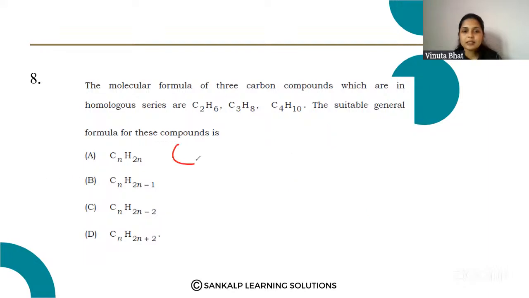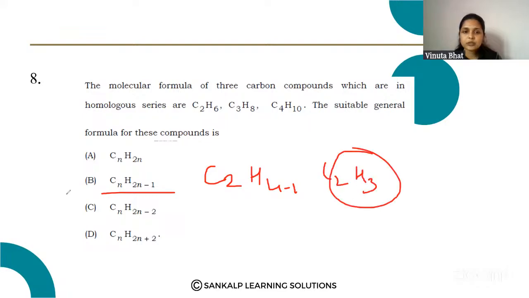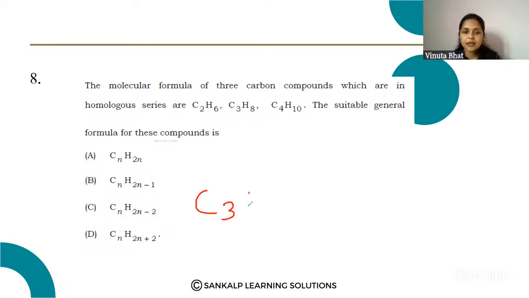Just do CnH2n. It will be C2H4. Right. CnH2n minus 2: just apply this formula. C2H4 minus 1, that is C2H3. So it is also not correct. CnH2n minus 2: C3, 2 into 3, 6 minus 2, that is C3H4.